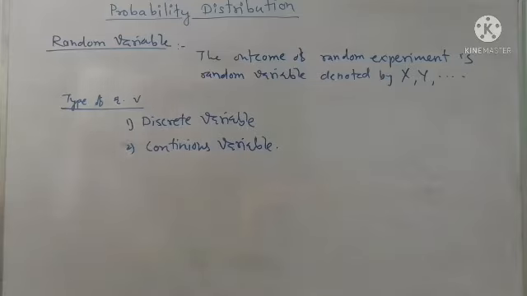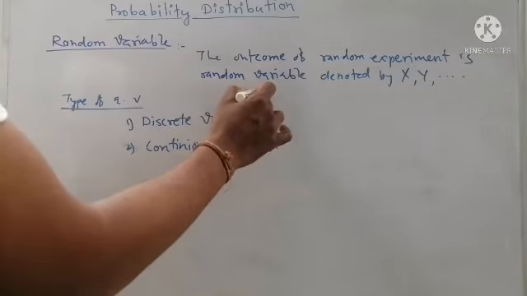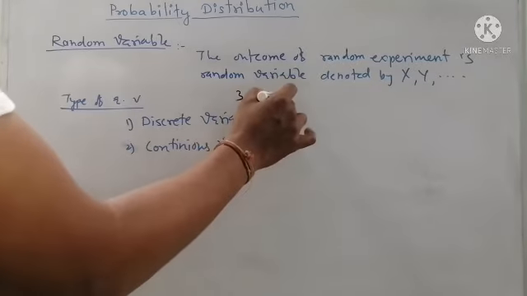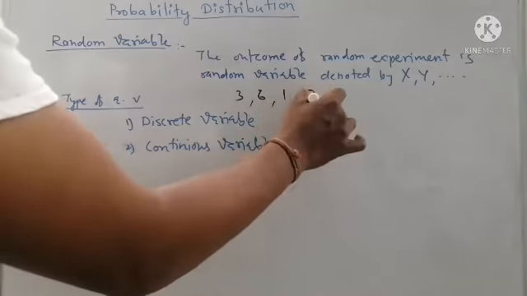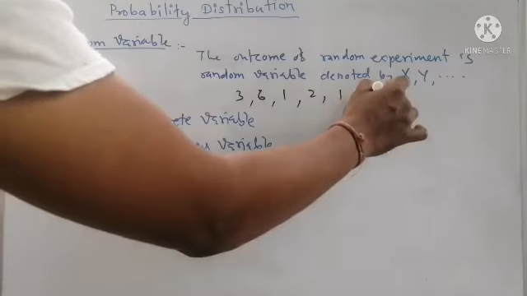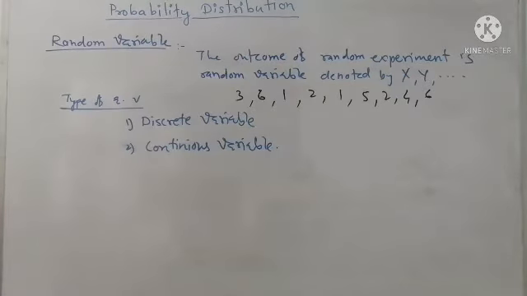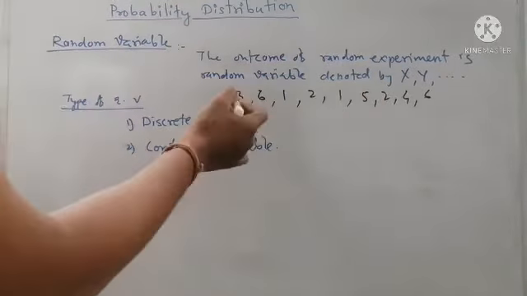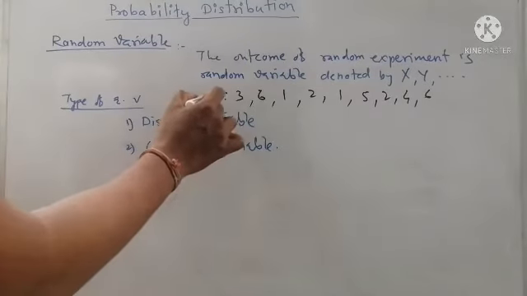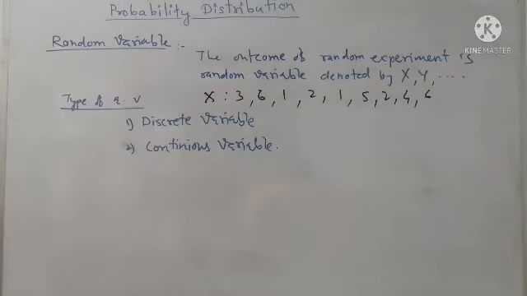First we get 3, next 6, next 1, next 2, next 1, next 5, next 2, next 4, next 6. Out of the sample space we get any number. These numbers are called the random variable, denoted by X.